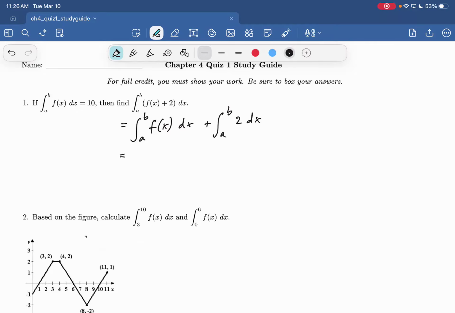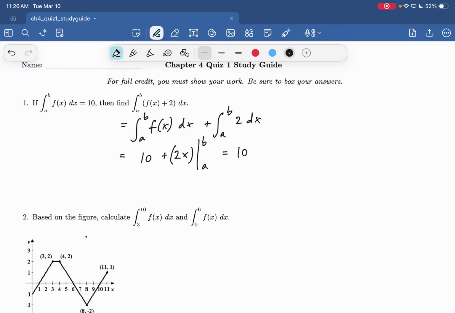Now, the first integral, which is from a to b, we know that it equals 10 because that's what we're given in the question. And then the second integral, we first need to integrate 2 and then do the limits of integration. So the integral of 2 is 2x, and then we will be figuring out what that is from a to b.